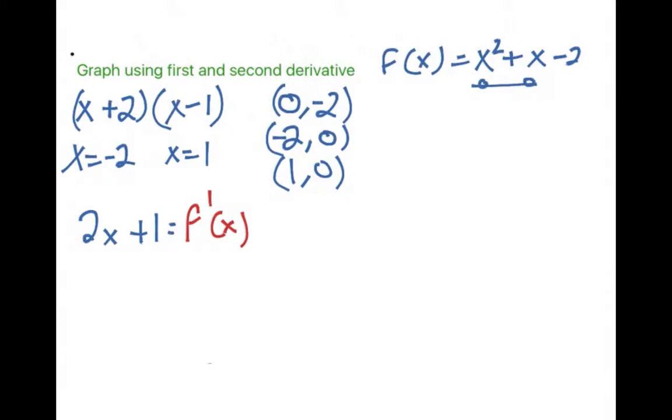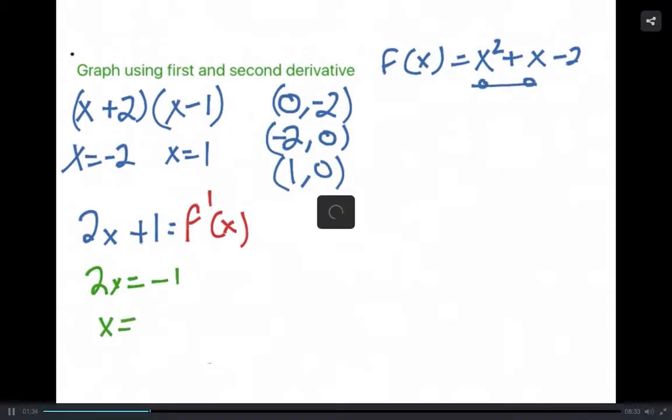Now, what we need is to solve for the critical numbers of the equation. So we make it equal to 0, and it'll give us 2x equals negative 1, and x equals negative 1/2. That is our critical number, and in this case, our only critical number.